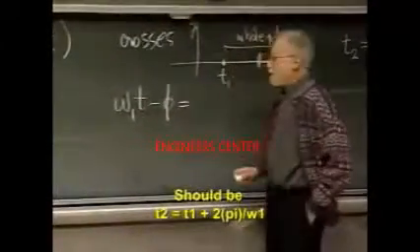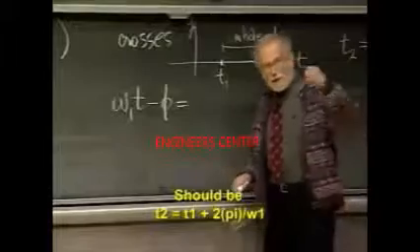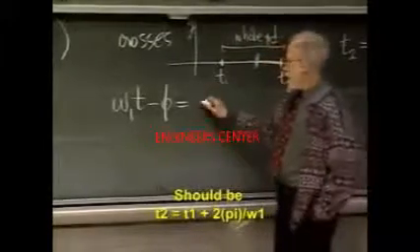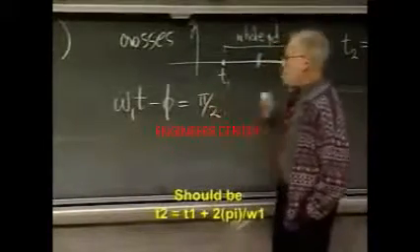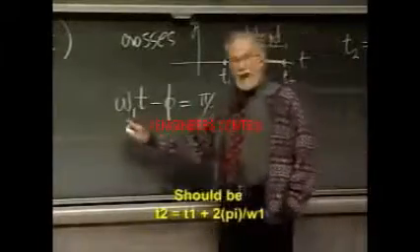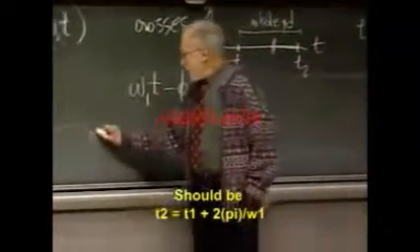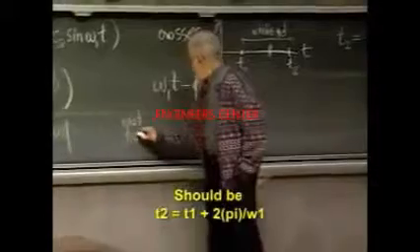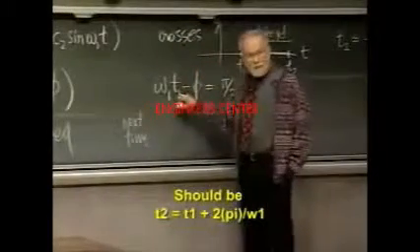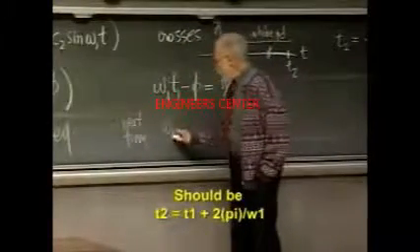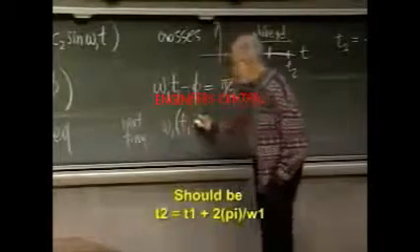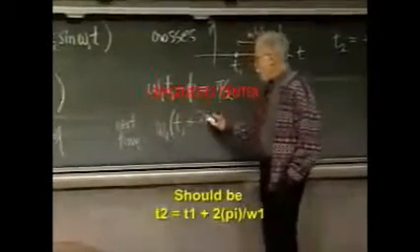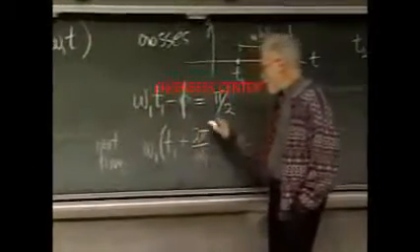Well, the cosine has to be 0, so it'll be some multiple of, say, pi over 2. Then the next time this happens, if that happens at t1, will be at t1 plus 2 pi divided by omega 1.